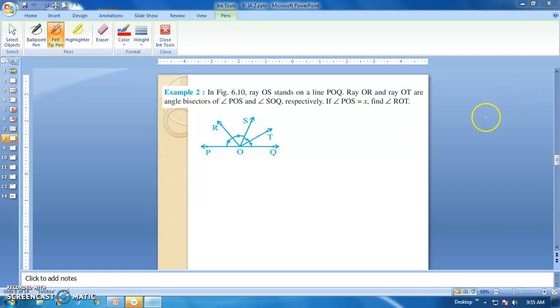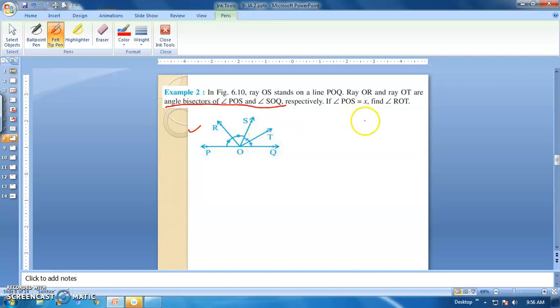Look at this example. Here in figure 6.10, this is the given diagram. OS stands on a line POQ, and POQ is a straight line. OR and OT are the angle bisectors of POS and SOQ.